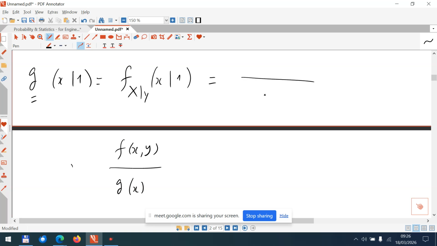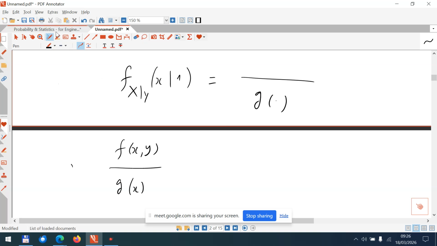So we need this. I think this g will be here in the denominator, right? It will be g of x.